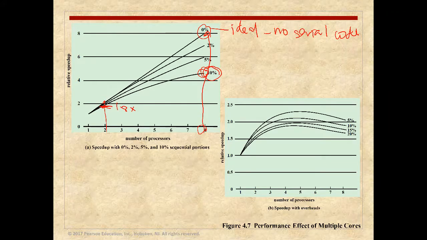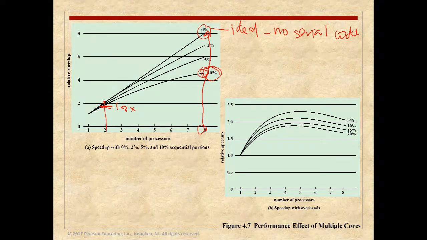So basically the amount of serial code in a program will affect the performance of program execution in a multi-core system. That shows the importance of multi-threading: when more instructions can run in parallel, the performance of the program execution will improve.